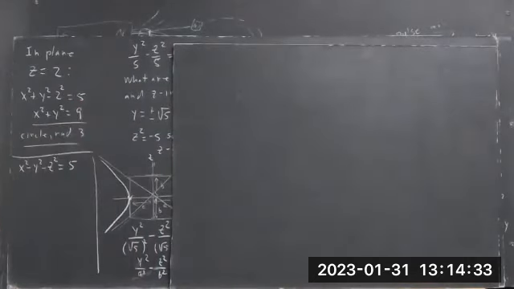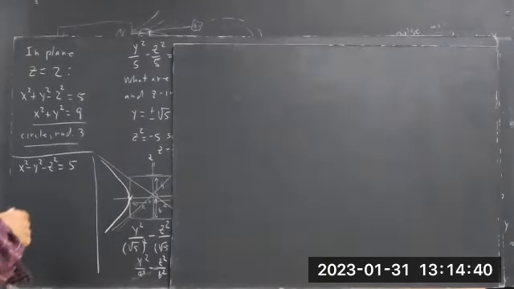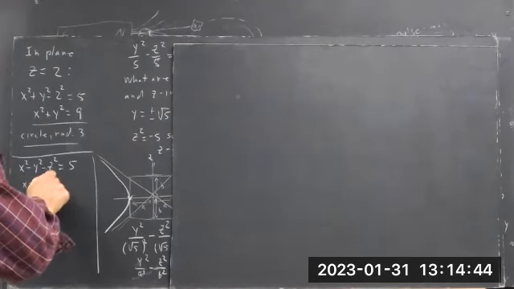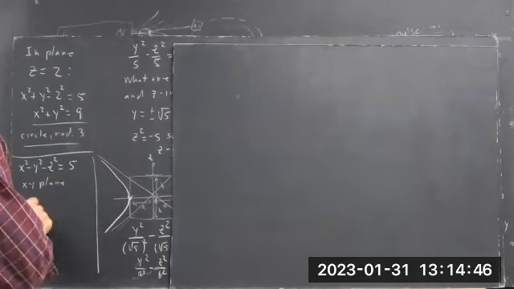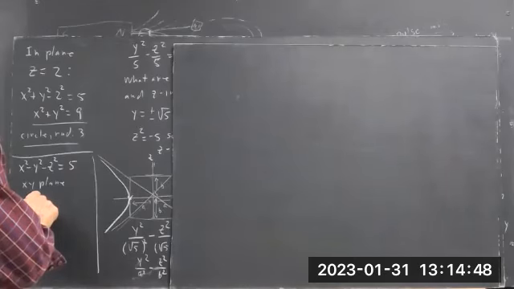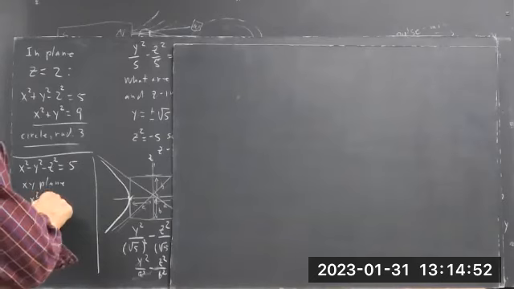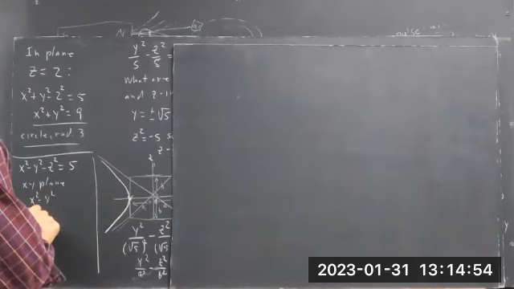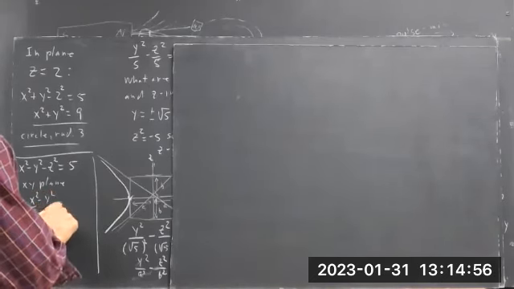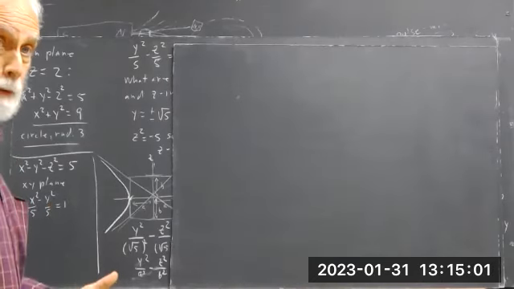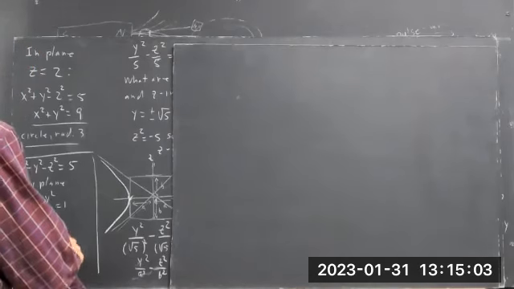So what do we got here? And how does this end up giving you two sheets? Well, I'll just start out with preliminary. It's our familiar hyperbola.